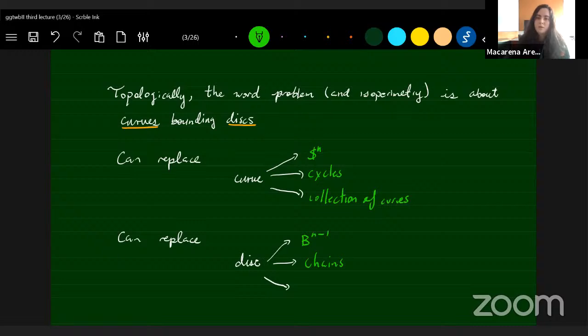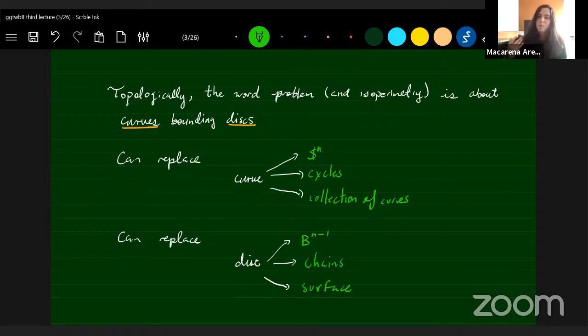The natural thing to put here is a surface, which can be connected or disconnected. It can have a single boundary component. It can have positive genus or genus 0. So there's a variety of options.